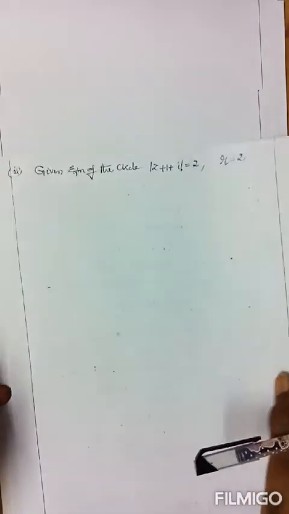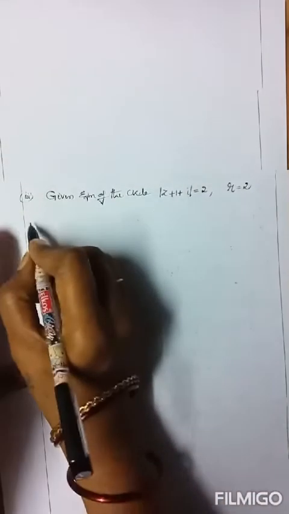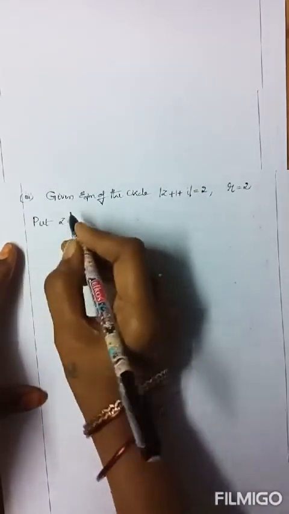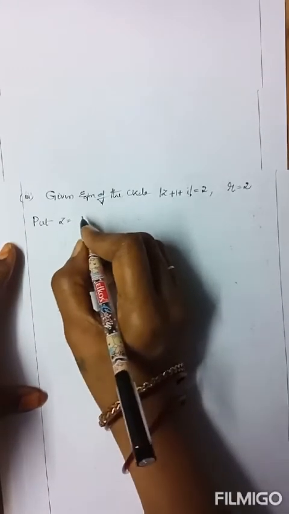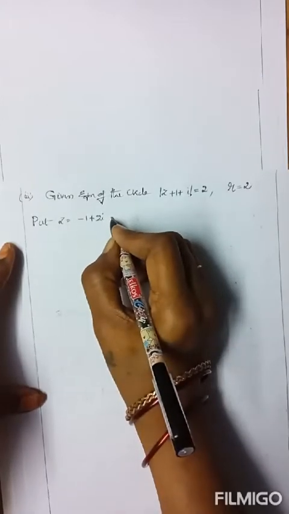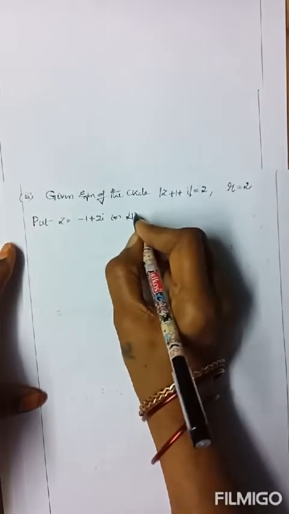Now substitute the two poles in this circle equation and test whether they lie inside of the circle or not. Put z equals the first point, minus 1 plus 2i, in the LHS of the given circle.